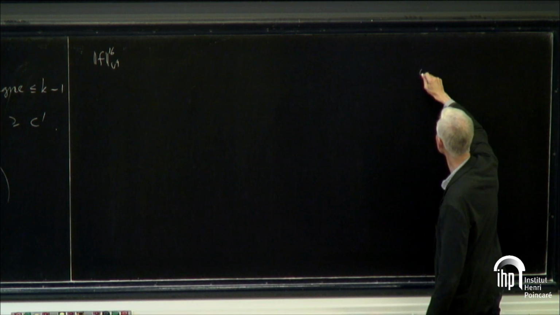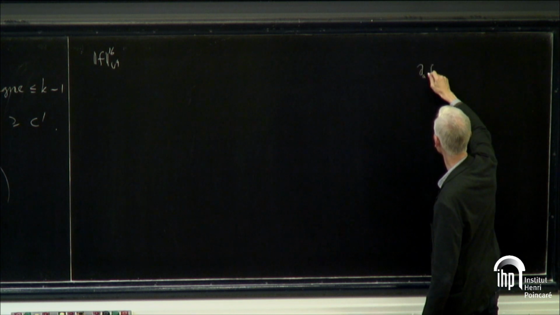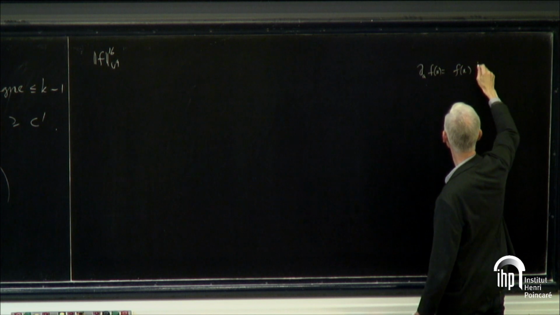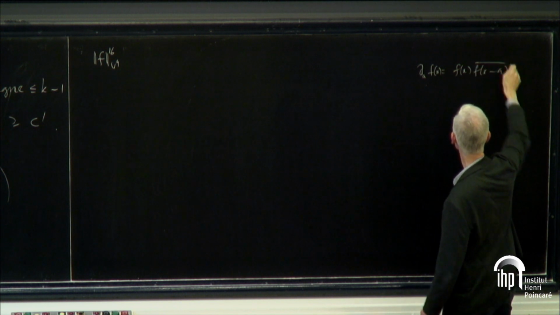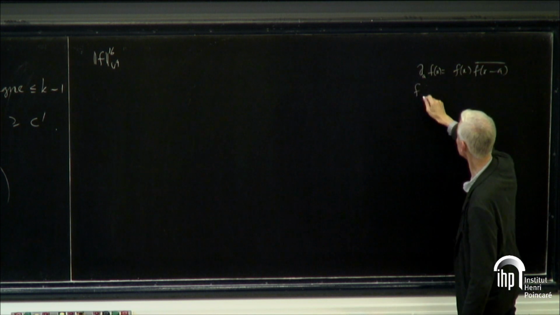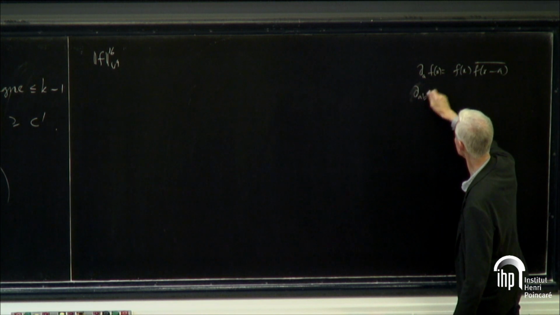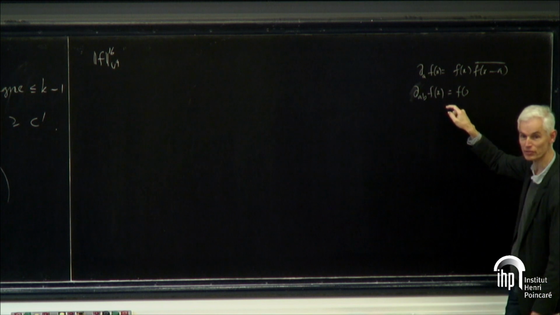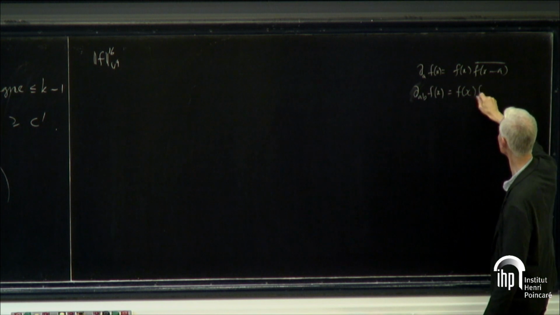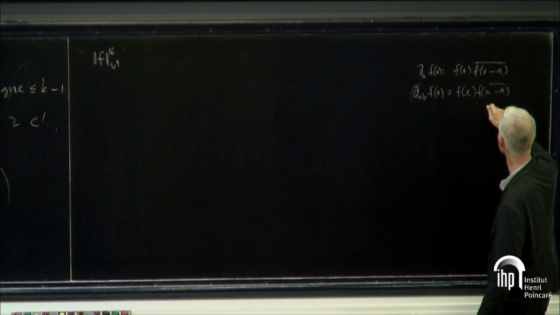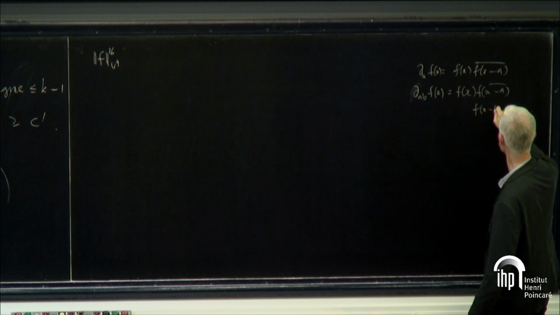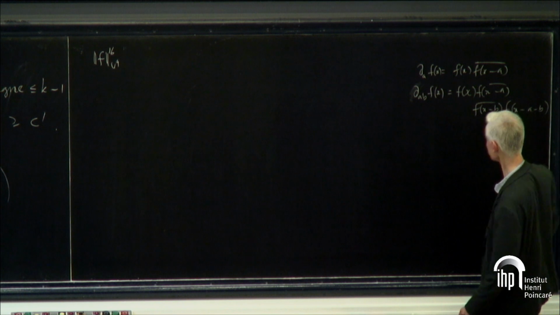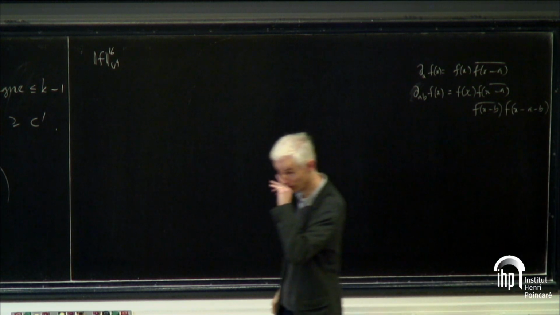I'll define delta a f of x to be f of x minus f of x minus a, and then delta a b f of x is just delta a of delta b of f of x, which explicitly is f of x, minus f of x minus a, minus f of x minus b, plus f of x minus a minus b, and so on.